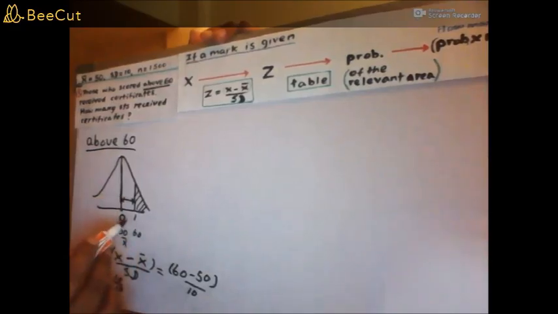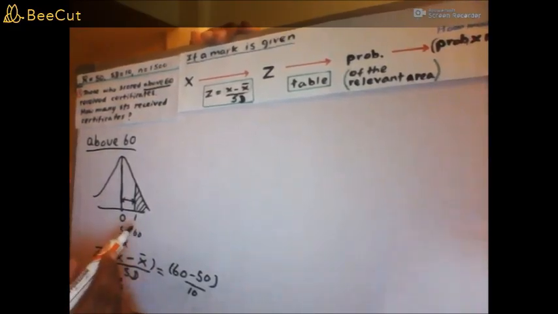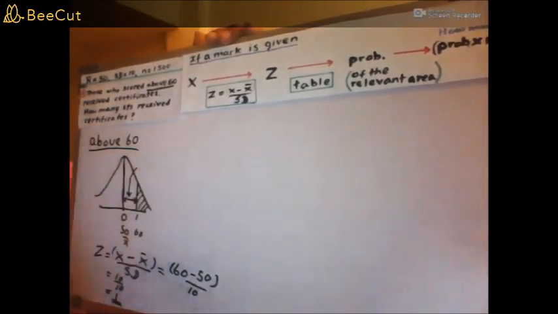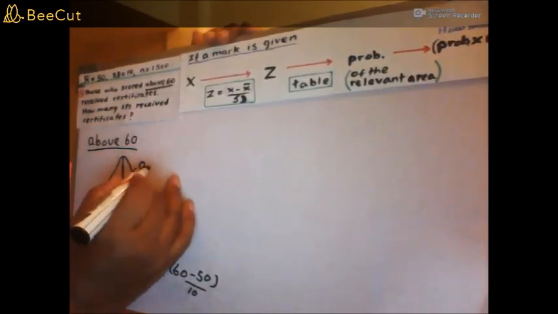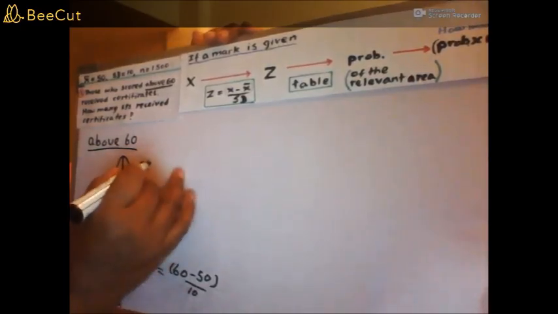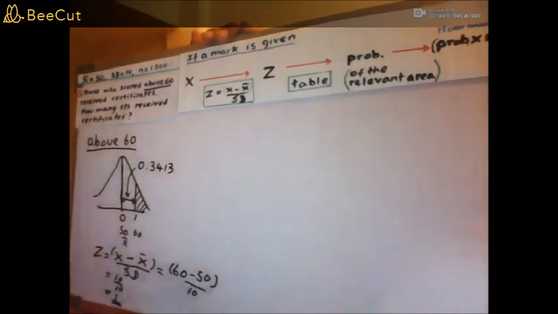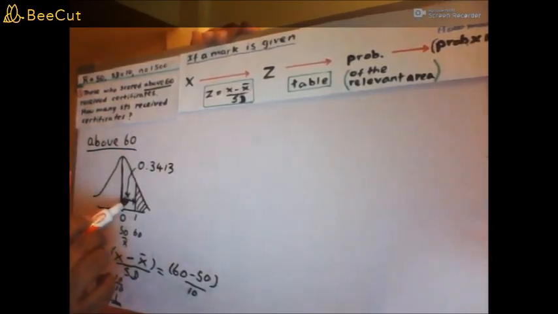We know the Z value now. That is 1. So what is the probability of Z equals 1? It is 0.3413. Write it. That is the probability that we can get from the table.